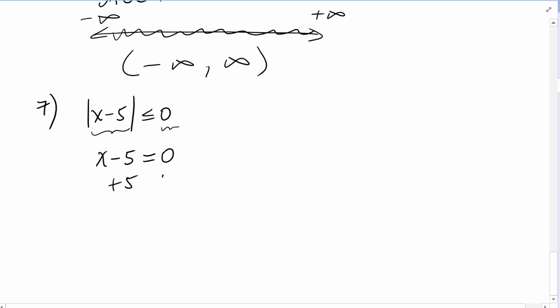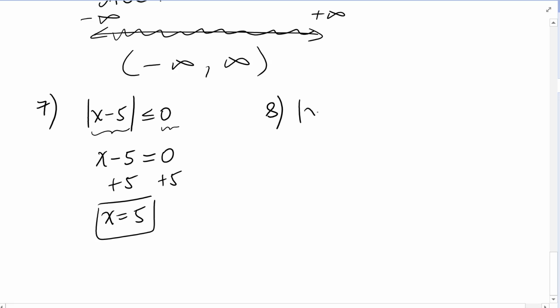So x minus 5 equals 0, we add 5 and we get x equals 5, and this is the final answer. In this case, the solution of this absolute value inequality is not an interval like before, but an exact number.